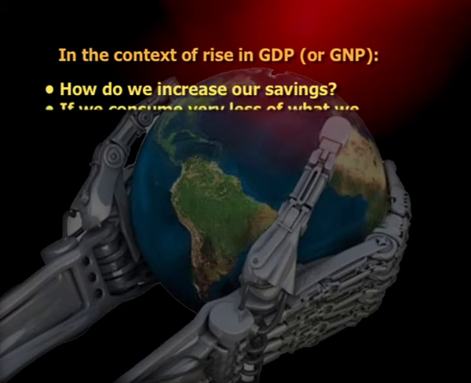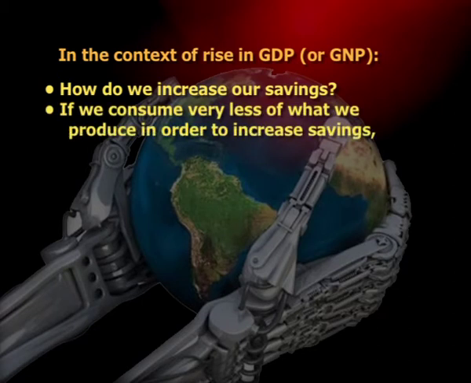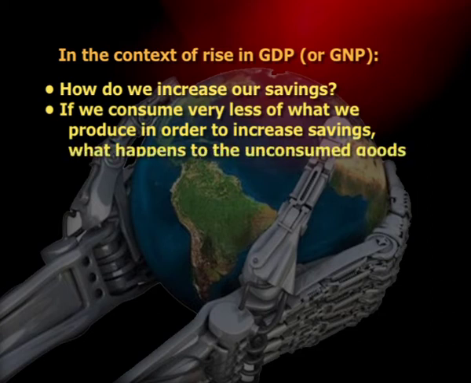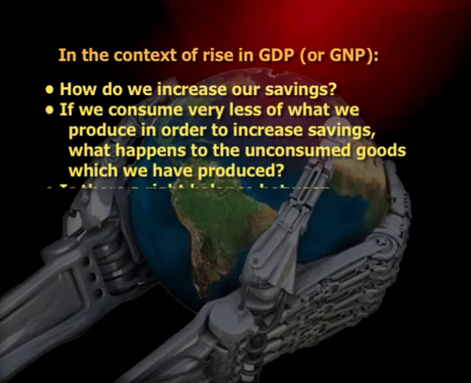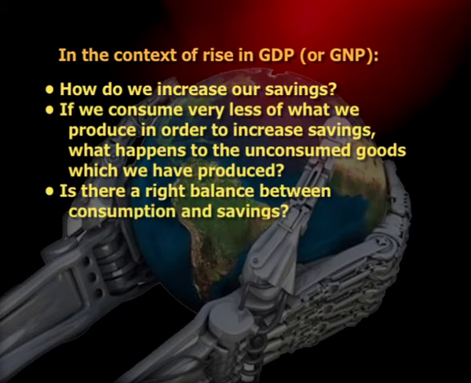Dear students, we must think a little here as to how do we increase our savings. If we consume very less of what we produce in order to increase savings, what happens to the unconsumed goods which we have produced? Is there a right balance between consumption and savings?